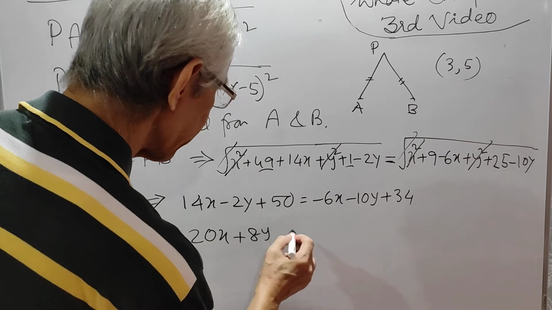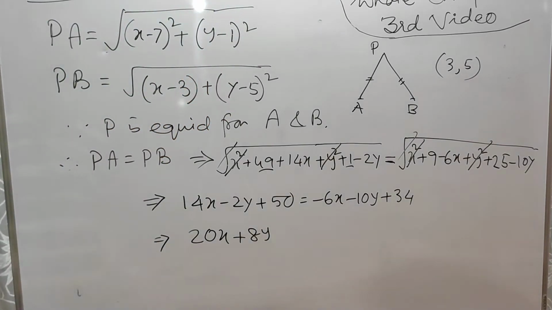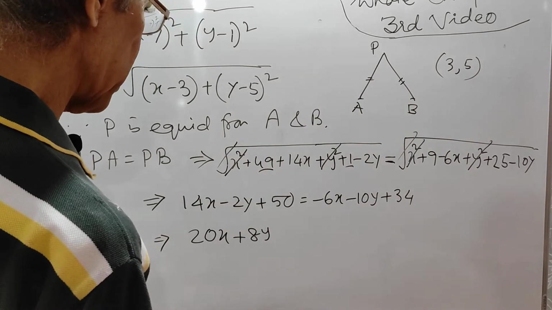That is equal to 50 minus, so 25. So this is 49, 150, 25 plus 9, 34. So 50 minus 34. Minus 8x minus 8y. Wait, something is wrong.